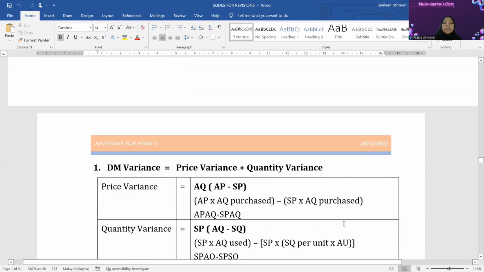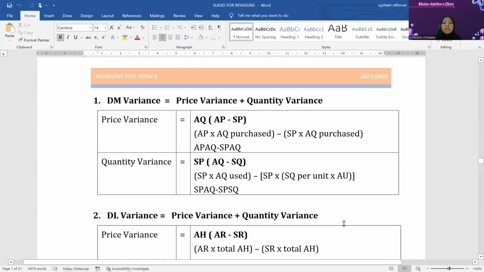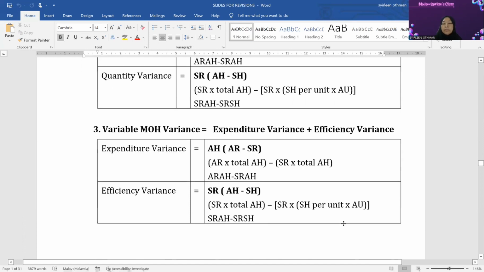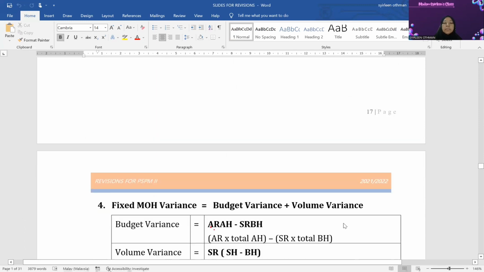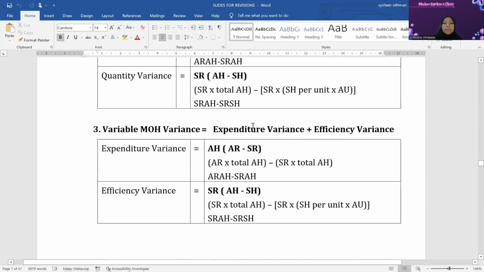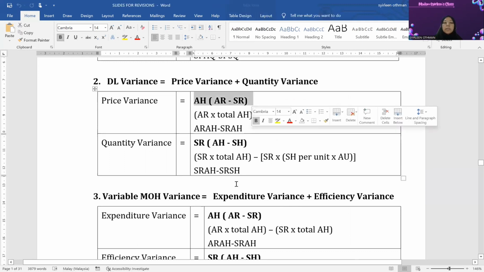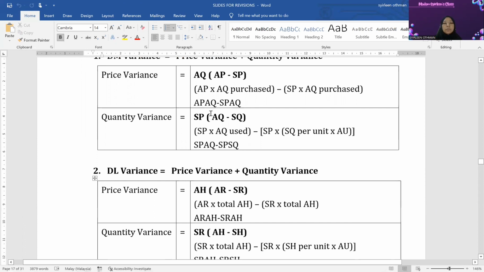So these are the formulas that you use to calculate the variance. We have the price and quantity variances, and we use the same terms for direct labor, variable manufacturing overhead, and also the fixed manufacturing overhead. Besides knowing the one in the bracket, you also need to understand the expanded formula.